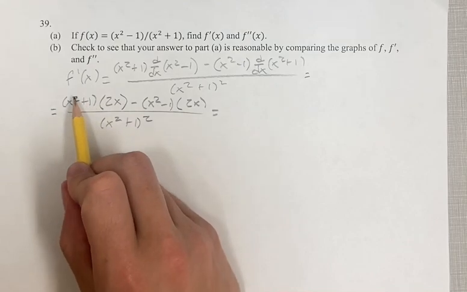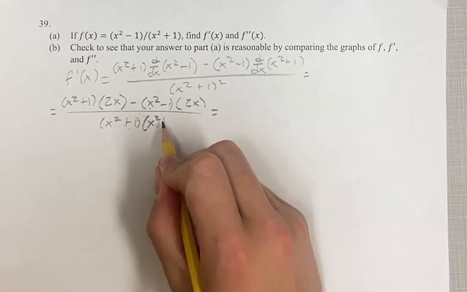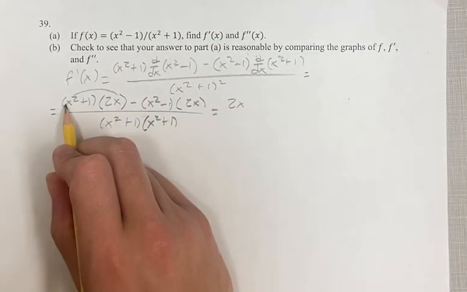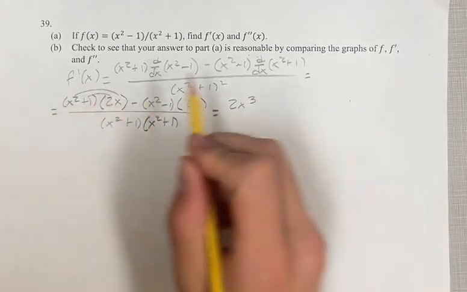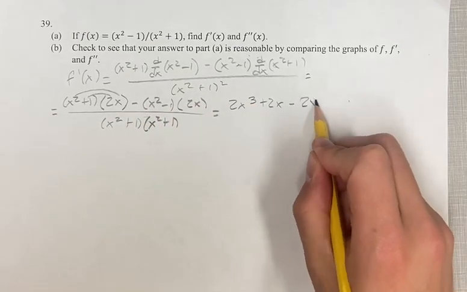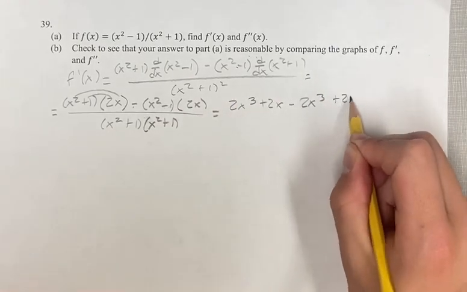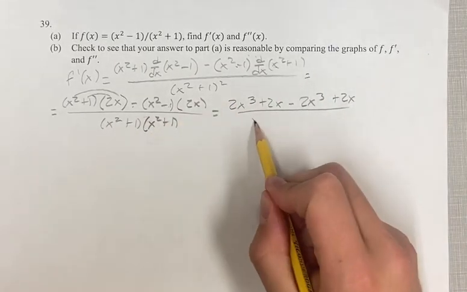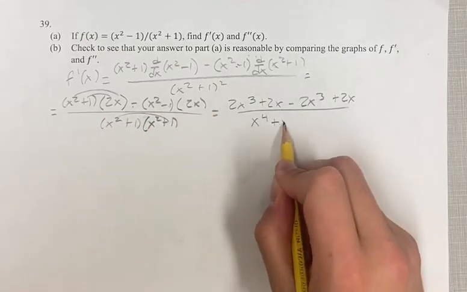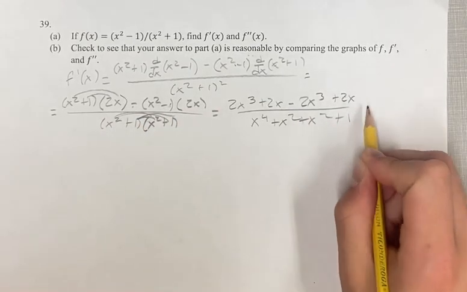Distributing, it'll make it easier to distribute the denominator if we actually write both of the x squared plus 1's out. Distributing the numerator, we get 2x squared times x is 2x cubed plus 2x, minus x squared times 2x is minus 2x cubed, minus times minus 1 is plus 1 times 2x is plus 2x, over x to the 4th plus x squared plus x squared again plus 1.